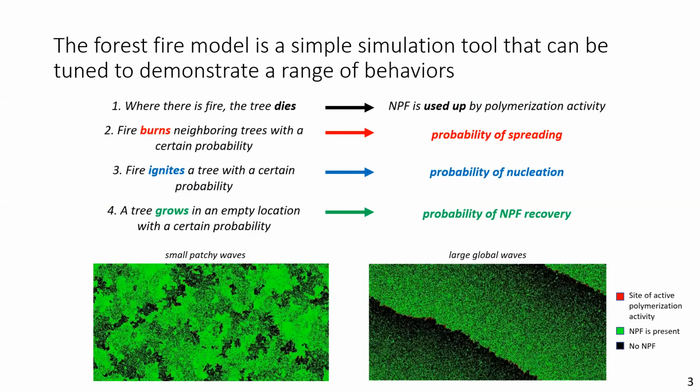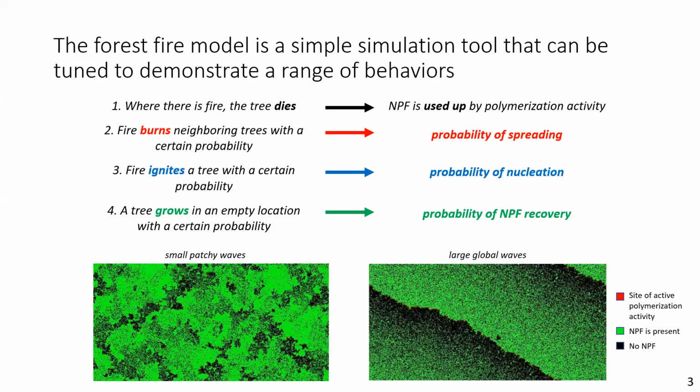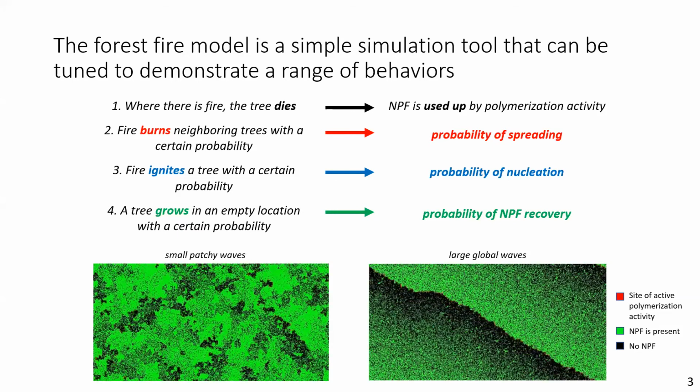And the tool that I've been using to simulate this behavior is called the forest fire model. It is a two-dimensional cellular automata model, which is just a really simple model because it is discrete with respect to time and space. You see changes in behavior across frames and pixels.